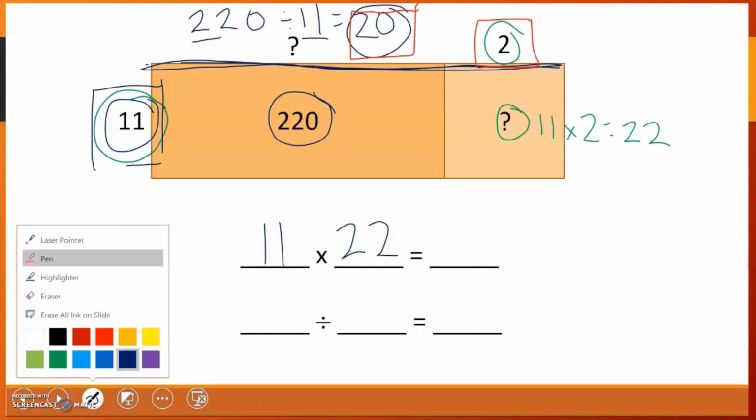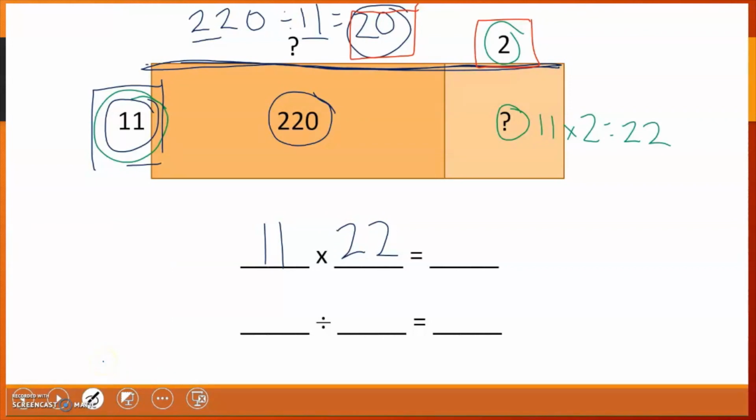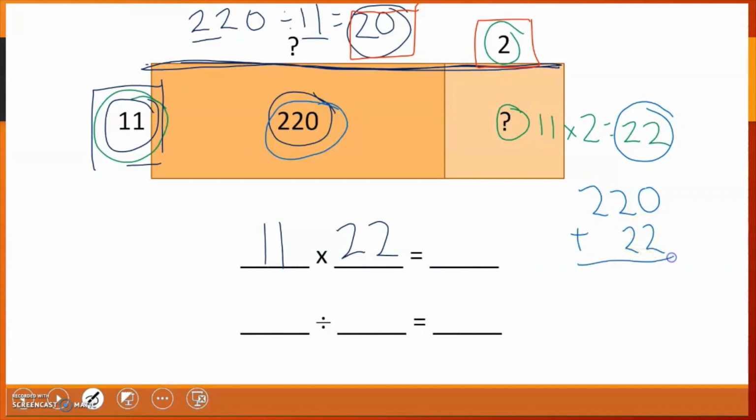Now we can move on to figure out what the product is. I can use the information that's inside our area model. We have 220 and we have 22. What would I get if I added them together? That's right, 242. That will help us on our next problem as well.